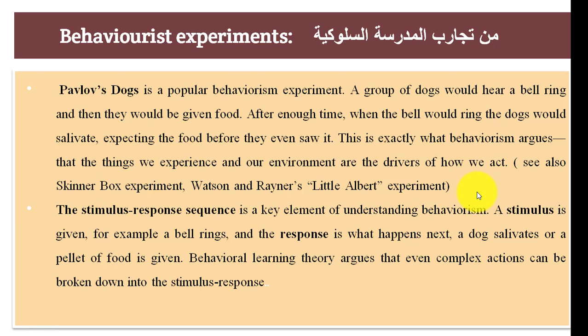Now, the stimulus-response sequence is a key element of understanding behaviorism. A stimulus is given, for example, a bell rings, and the response is what happens next. A dog salivates or a pellet of food is given. Behavioral learning theory argues that even complex actions can be broken down into stimulus response.